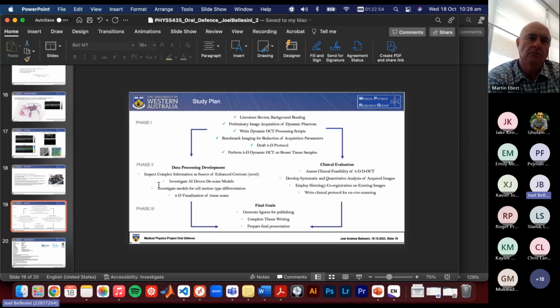The complex information is a source of enhanced contrast. If we can get that, that's definitely an achievement and something we could contribute towards a paper. But beyond that, the AI-driven things, the multimodal models and 3D visualization, they're ideas, but I wouldn't call them essential goals as much as the assessment of clinical feasibility, just to summarize.